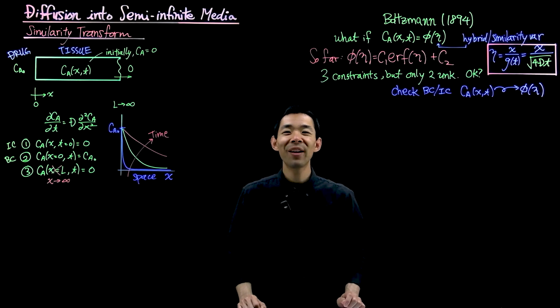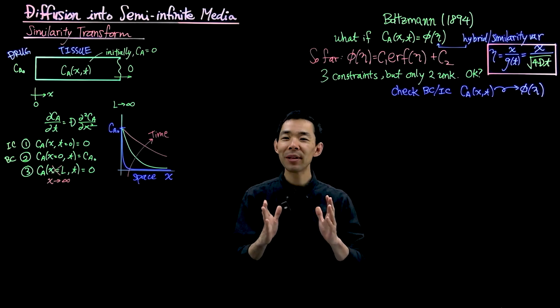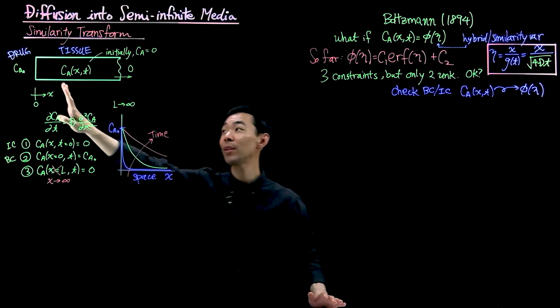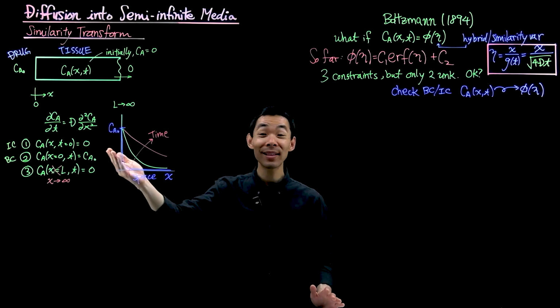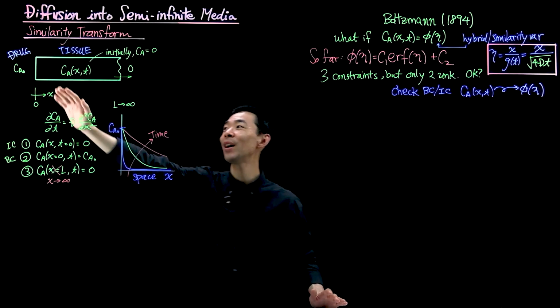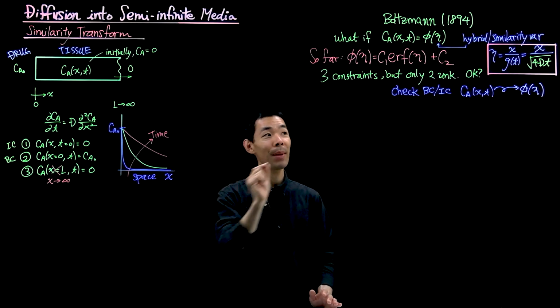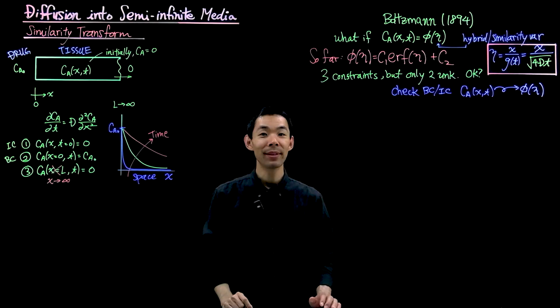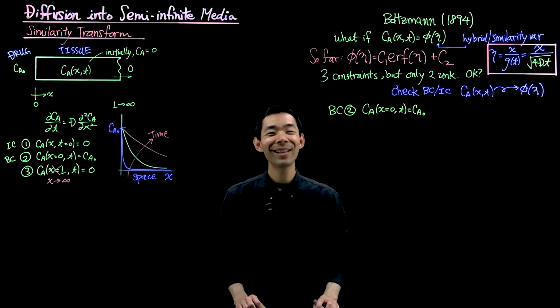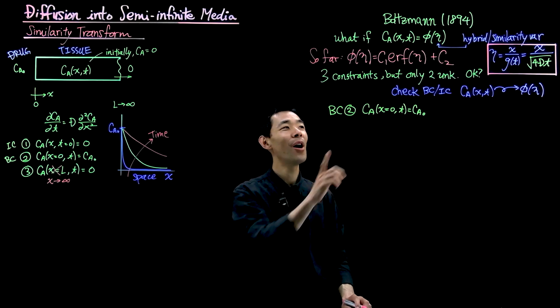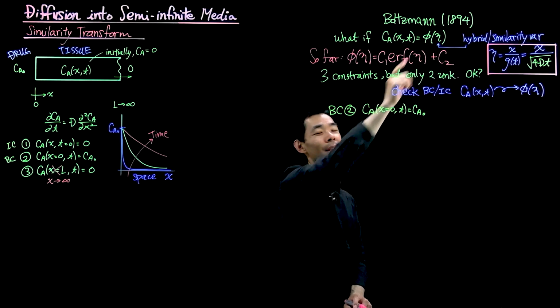Let's first try figuring out boundary condition number 2, which is at the x equal to 0 boundary. On the left-hand side, there is a constant concentration of a solute, say a drug, at C_NA. Let's plug in that boundary condition and see what happens. The goal is to convert this boundary condition in concentration over to phi.